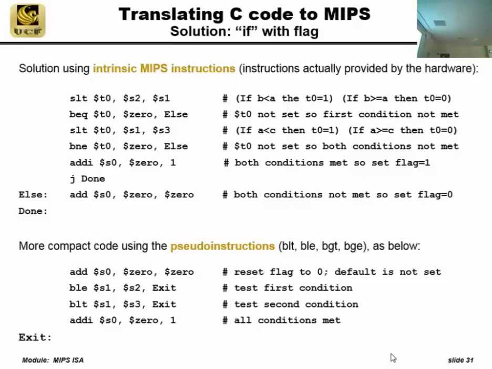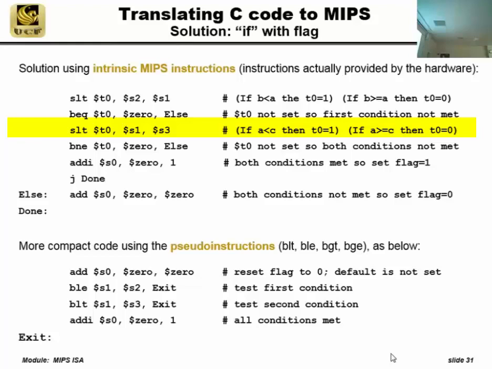So here, if B is greater than or equal to A, then T0 gets set to 0. So that's the case here. Well, what else do we have to test next? The C condition. If S1, which is A, is less than S3, which is C, A less than C, this gets set to 1, otherwise it gets set to 0.